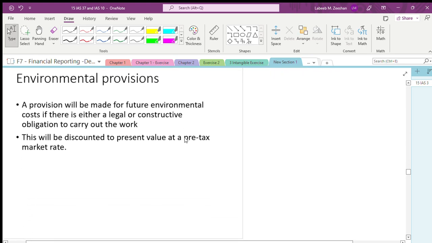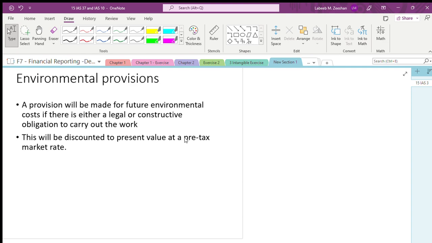Most importantly, environmental provision. See, environmental is the hot topic which is currently on everybody's mind. We are talking in terms of countries, in terms of consumers, and in terms of companies.